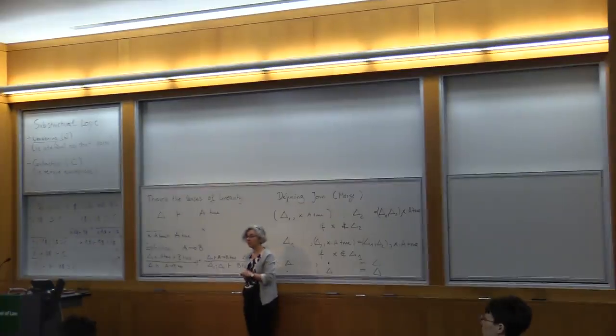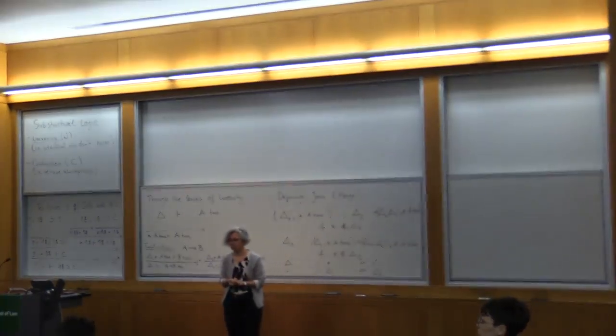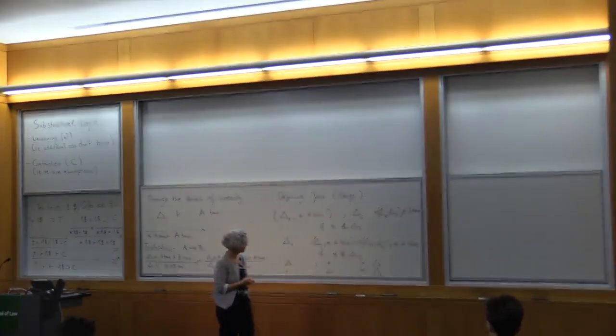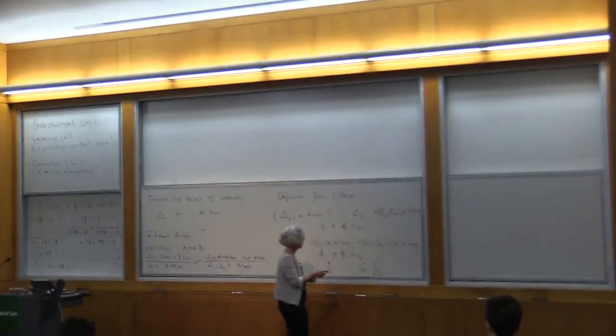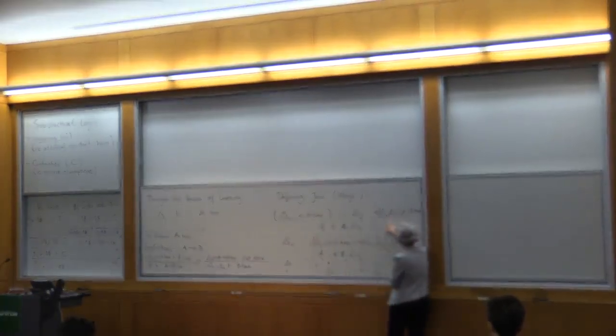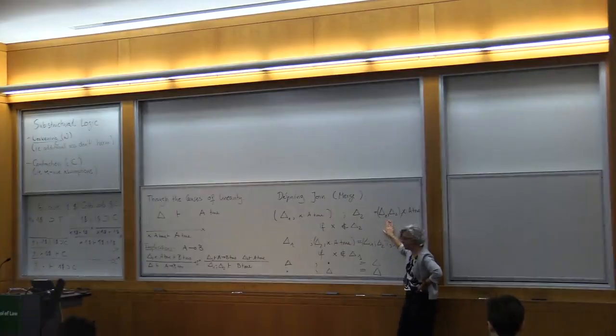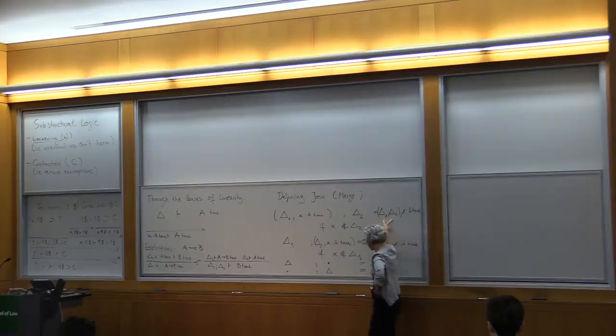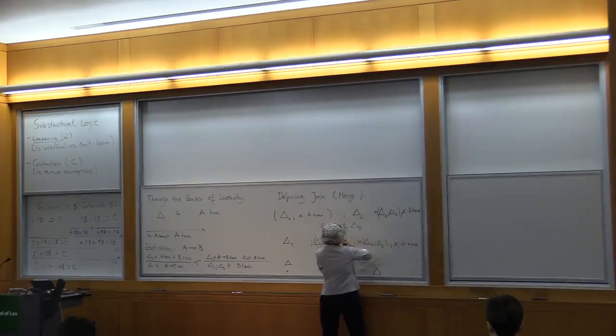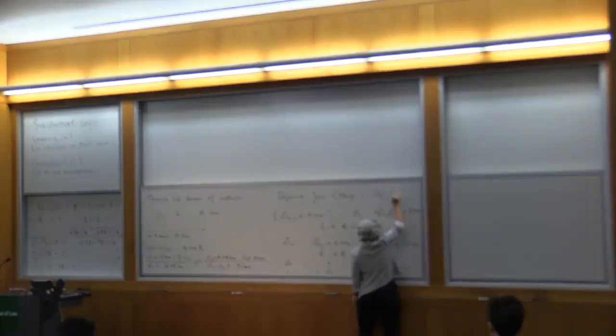Yes? I'm having a hard time understanding what, on the right-hand side, the semicolon and comma are. Okay, the comma is like a cons. The semicolon is like a join, or a disjoint union, because it's taking two different kinds of context. So this is defining the operation of combining one context with another.